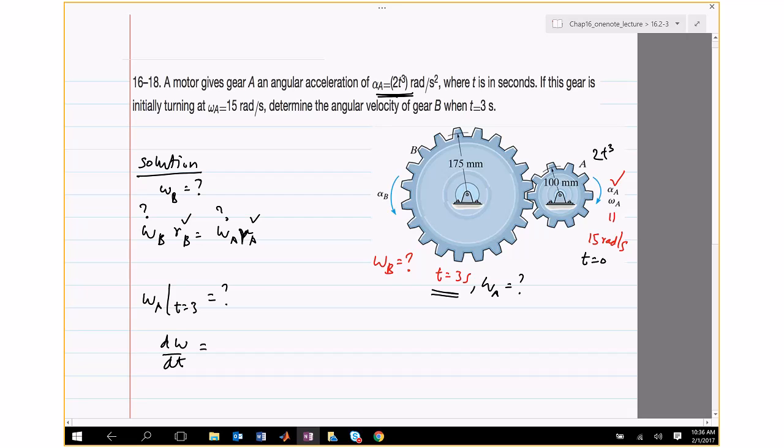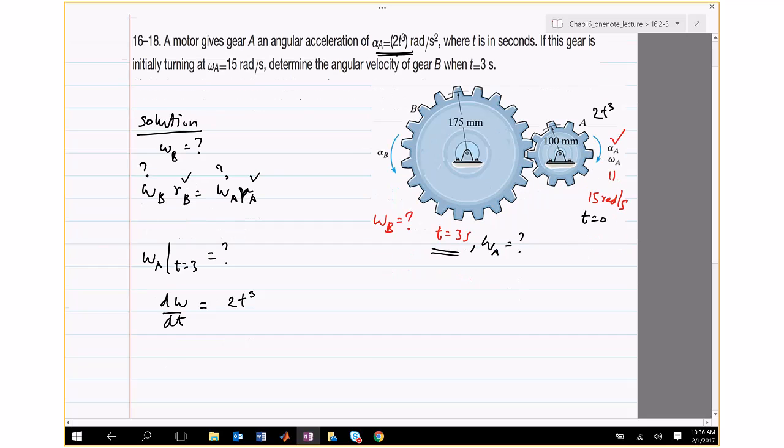I'm not using the formulas I derived earlier because that was constant acceleration. In this case, the acceleration changes as time changes, so I need to integrate. So this is 2t cube, d omega equals 2t cube dt. I want to integrate from omega 0, which is 15 radians per second, all the way to 3 seconds, and the time goes from 0 to 3. I'll call this omega A.